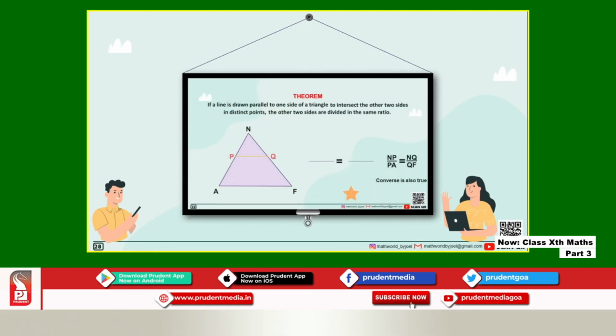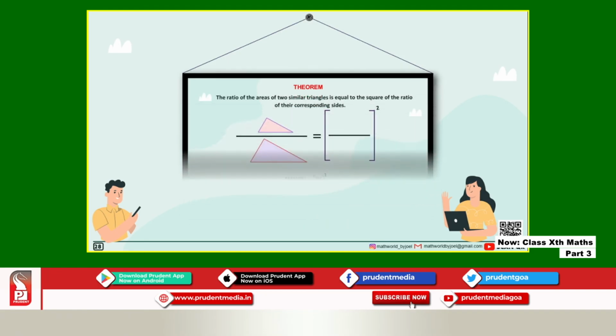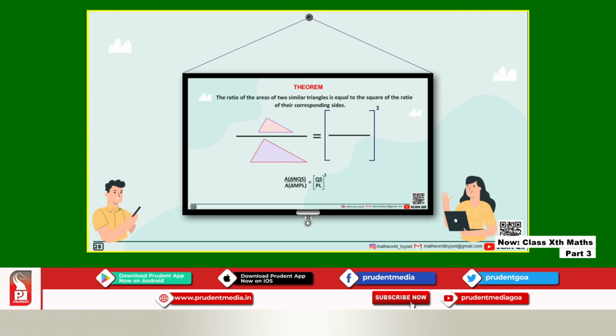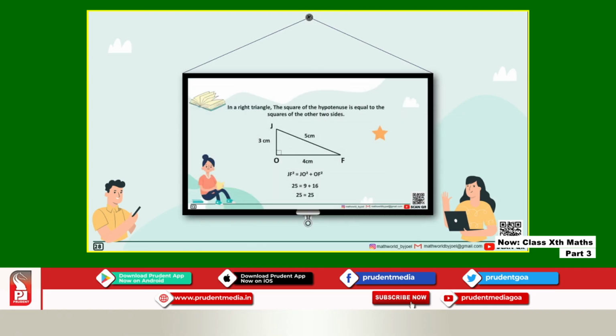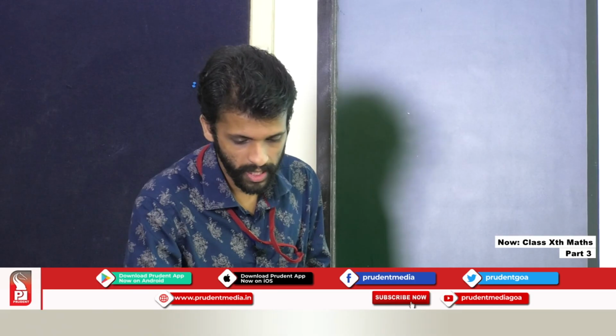We learned this theorem that when a line is parallel, the other sides are in the same ratio. We also learned this theorem where, if the areas of triangles are in a ratio, then the squares of their corresponding sides are in that ratio. We learned the Pythagoras theorem, which tells us the square of the hypotenuse is equal to the sum of the squares of the other two sides.